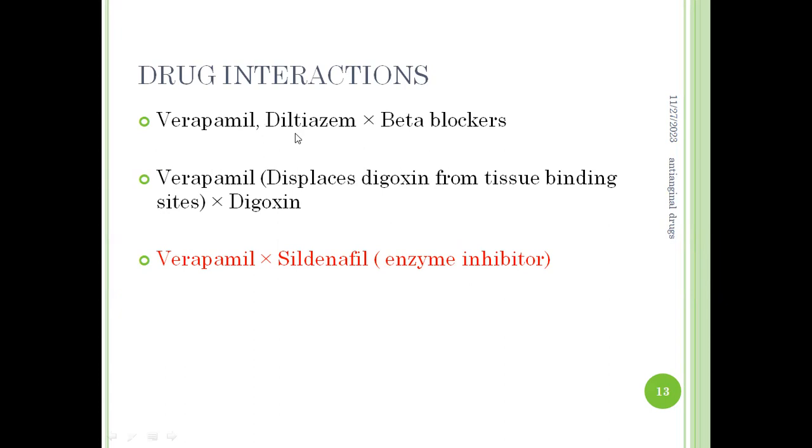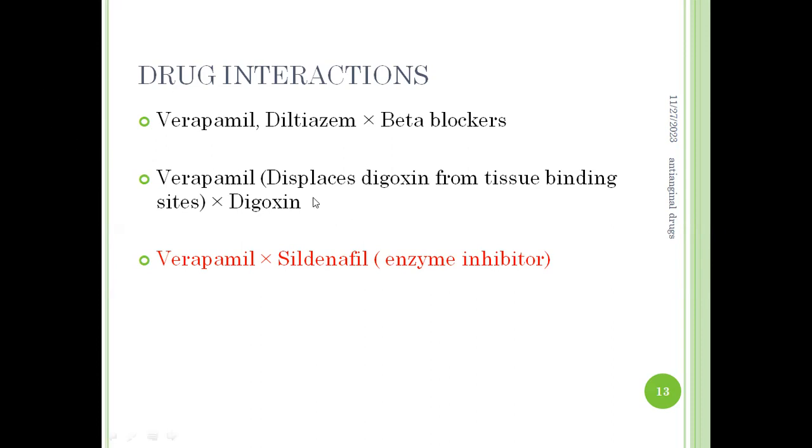Then there are certain drug interactions of calcium channel blockers. We give verapamil or diltiazem along with beta blockers. It causes an additive effect. That means both drugs will reduce the heart rate and force of contraction, so there is adding of the actions.